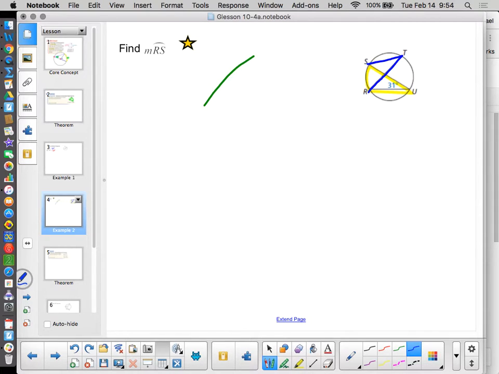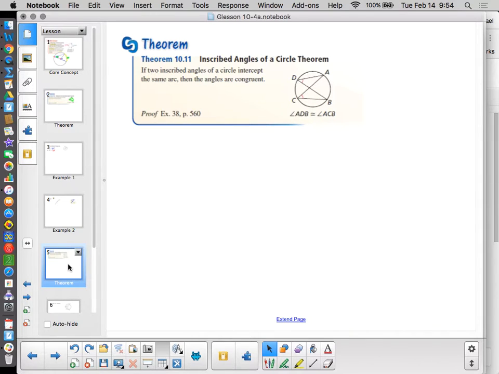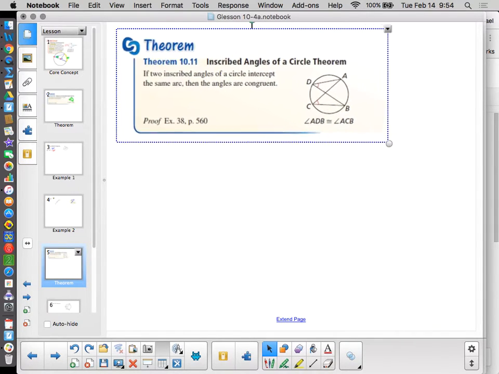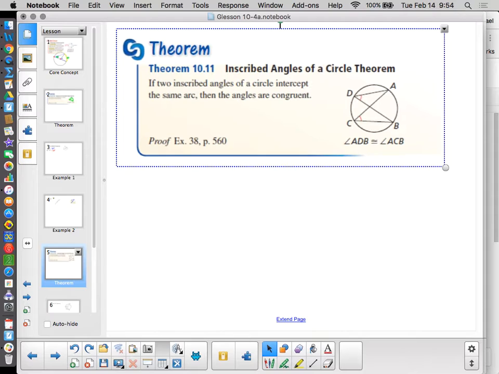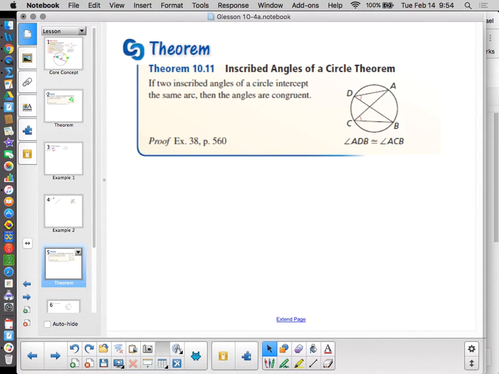Now that arc measure is going to be exactly the same because it's the same arc, which means the angles have to be congruent, doesn't it? And that's what our next theorem says. If two inscribed angles of a circle intercept the same arc, then the angles must be congruent.